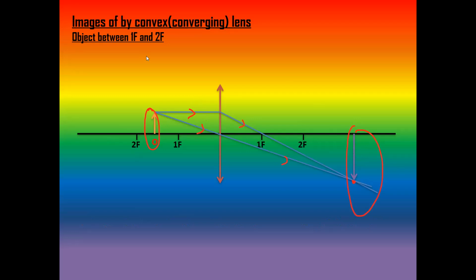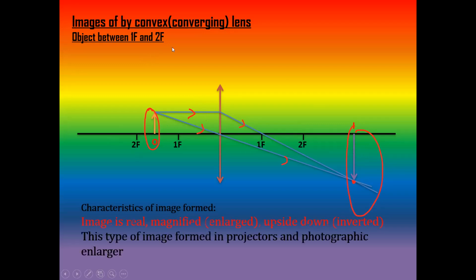It is a real image because it is formed by intersection of the lines. It is a large, magnified image, and it is also upside down. So if the object is a triangle, the image will be a triangle, but a large triangle as it is larger in size. When we move the object towards the lens, the image will form away from the lens and the size of the image will increase.